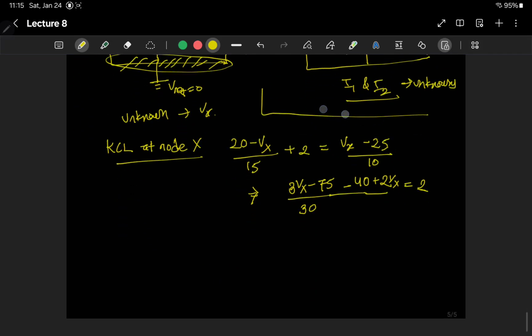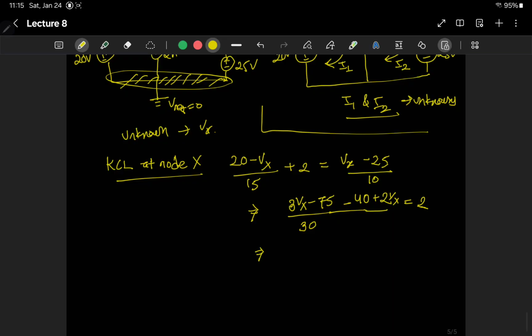If you solve that, you have 5 Vx equal to 60 plus 105, which is 175, so Vx is equal to 175 divided by 5, which is 35 volts.